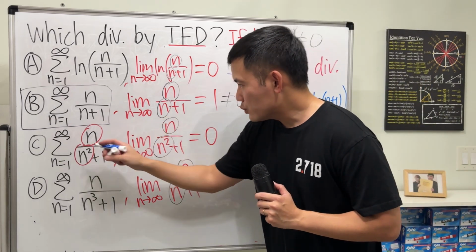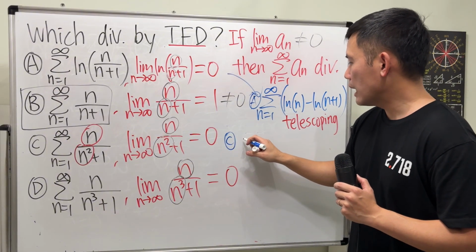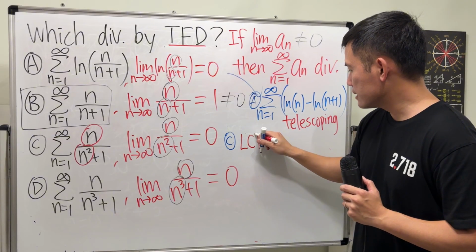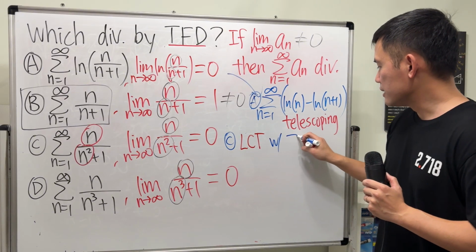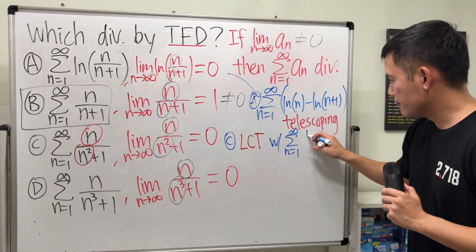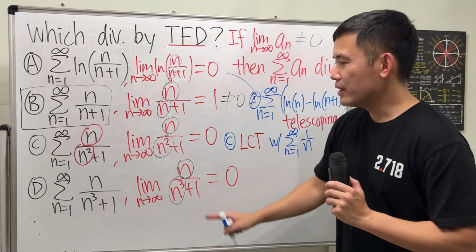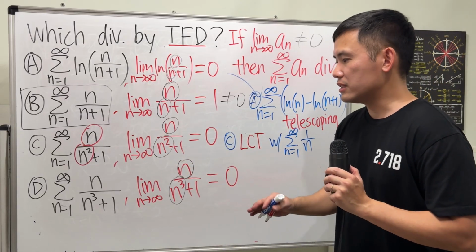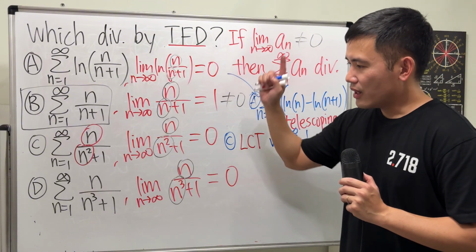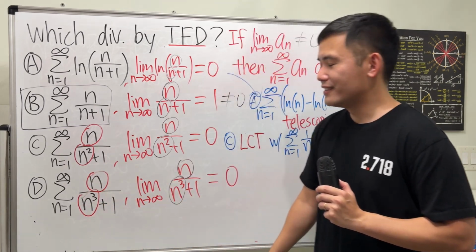So for this one right here though, this is for A. For C, I will tell you, go ahead and use limit comparison test with the series as n going from 1 to infinity of 1 over n. It's much better to do the limit for this one, right? You can try with a direct comparison and you will see that it's really not going to work out of the inequality.